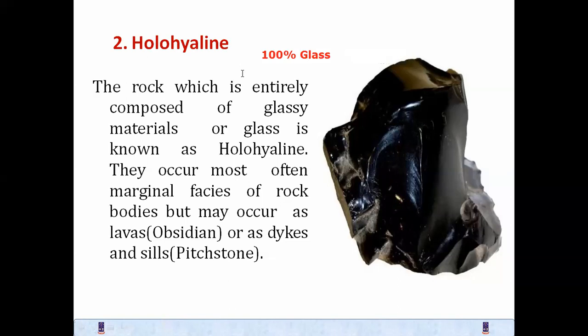Means 100% glass material is there. No crystals are developed in such a type of texture. You can't identify individual minerals in that rock. So such types of rocks are considered holohyaline rock. It is completely opposite to the first one, that is holocrystalline.